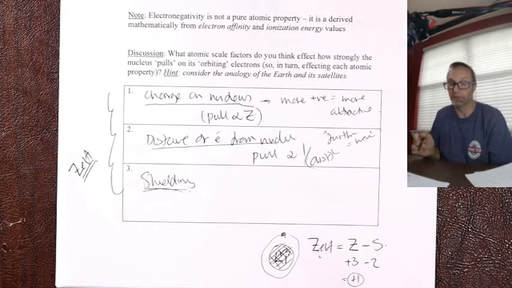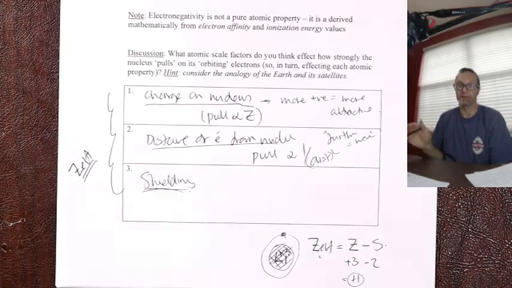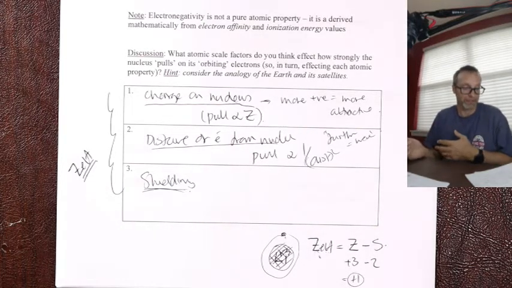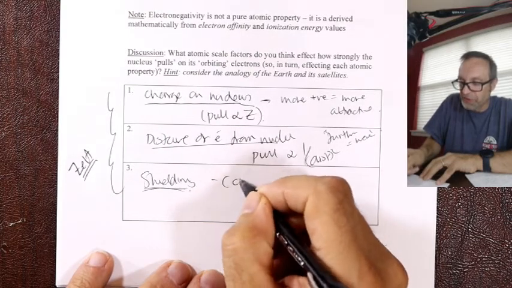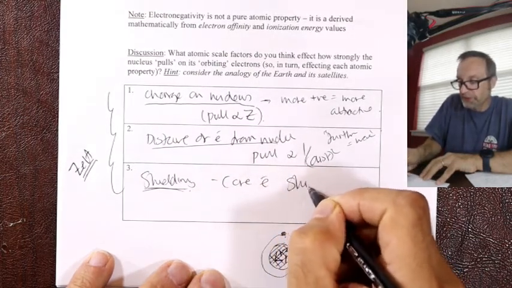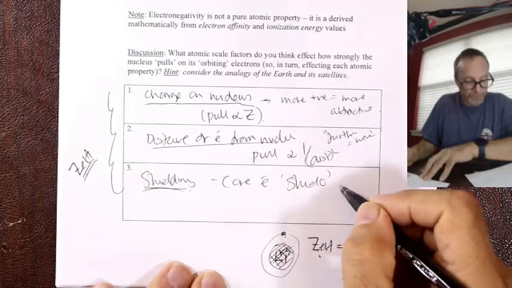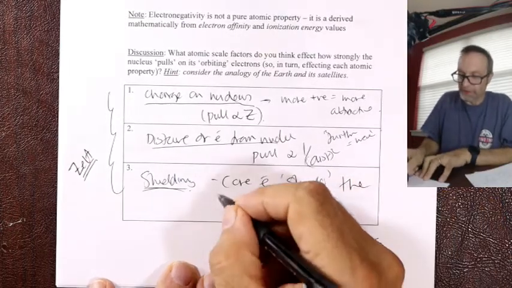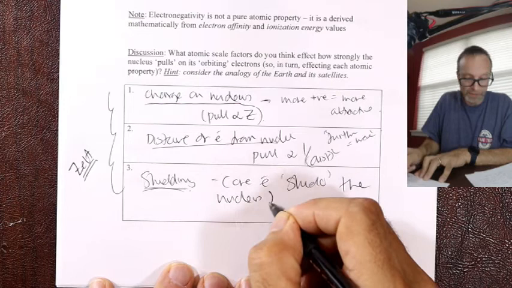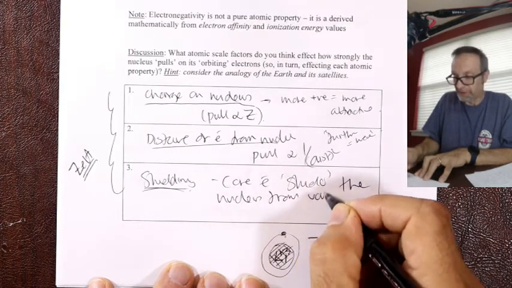Now that's very, very important. That shielding concept really comes into play as we go across rows, and really does underpin electronegativity. So the bottom line is core electrons shield or screen the nucleus from valence electrons.